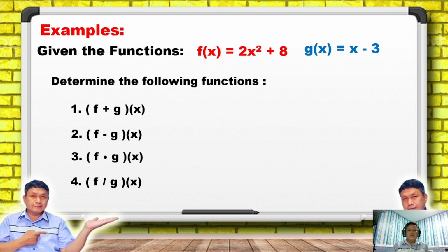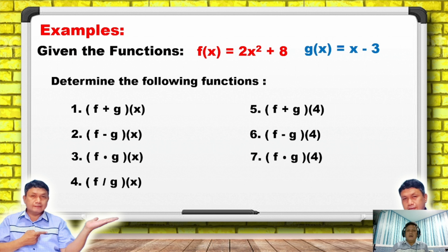And number 4, we have quantity f over g of x. Number 5, we have quantity f plus g of 4. Number 6, we have quantity f minus g of 4. Number 7, quantity f times g of 4. And lastly, we have quantity f divided by g of 4. Okay, so try to observe.